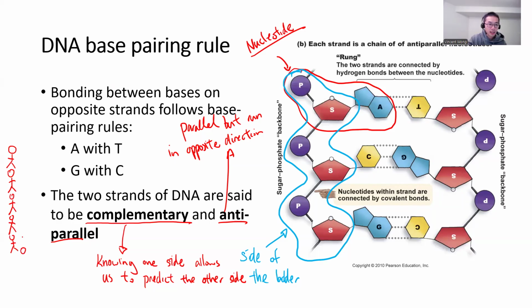The other side would be like this, also head to toe, but upside down. Hopefully this makes it better. And then they will be holding hands with the person next to them. And that's kind of like the C's bonding with the G's and the A bonding with the T.